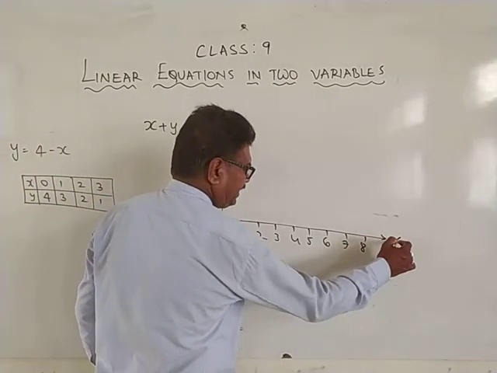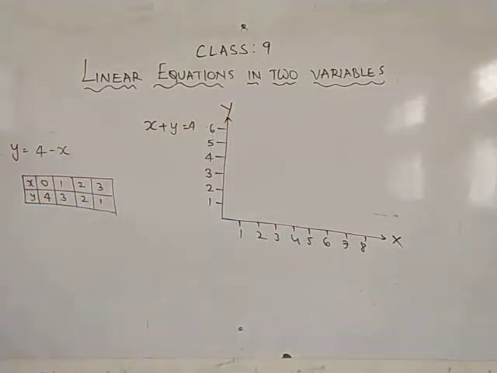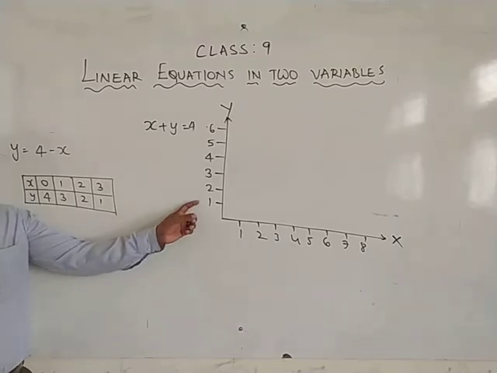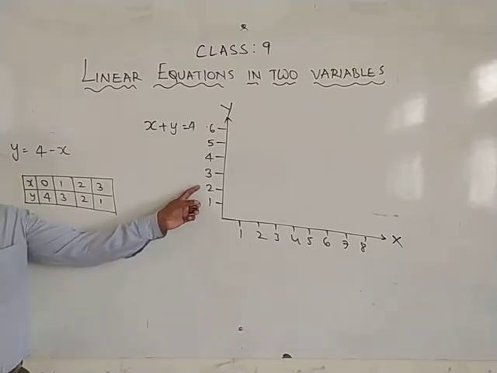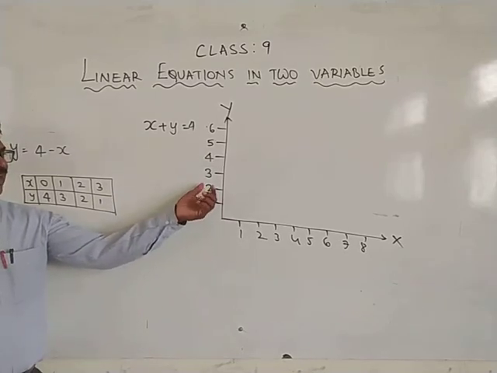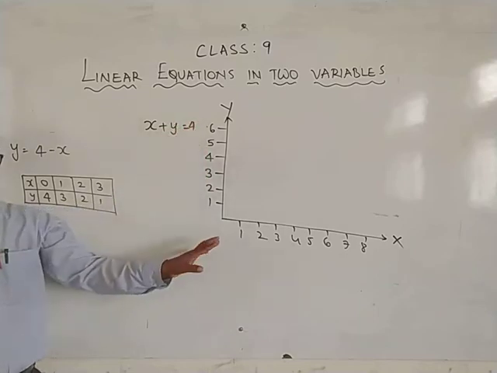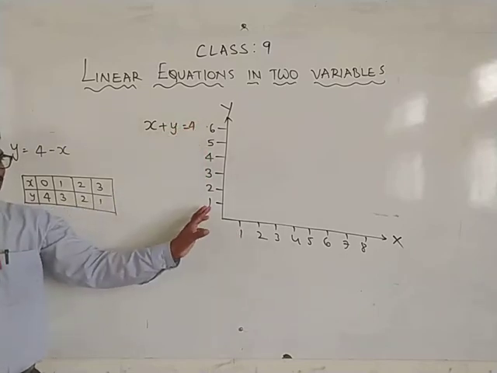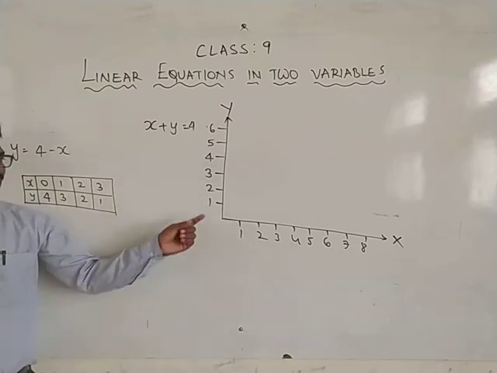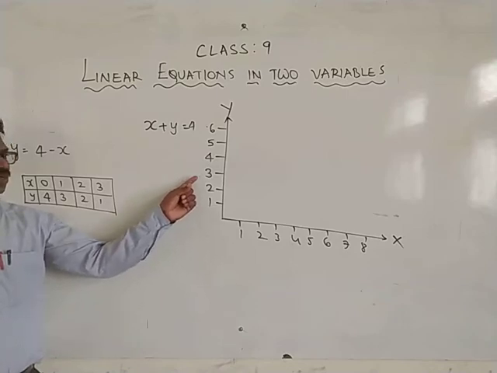This is x-axis and this is y-axis. The gap also must be the same unit. If you have taken one unit, every unit will be one only. Some students will write here 1, here 3, next 4, next 7, next 9 like that. No, we are not supposed to write that, because once we have written 1, multiples of that only we should write. If you have done 2, then 2 multiples: 2 ones are 2, 2 twos are 4, 2 threes are 6, like this.